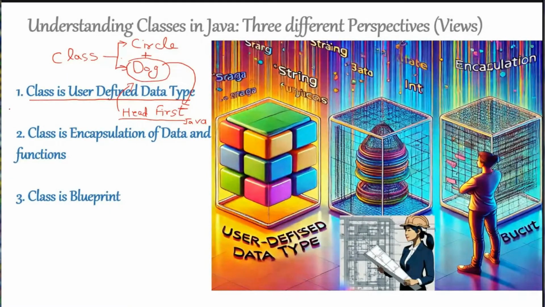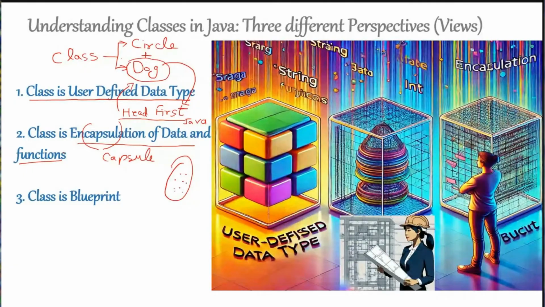Then the second perspective. This is the first perspective, class is a user defined data type. The second perspective is that class is encapsulation of data and functions. It is also equally important as user defined data type because it gives the definition. It is saying that it is an encapsulation. If you focus on this word encapsulation, it has the word capsule in it. And what is a capsule? Everybody knows that a capsule is basically a unit in which you put something.